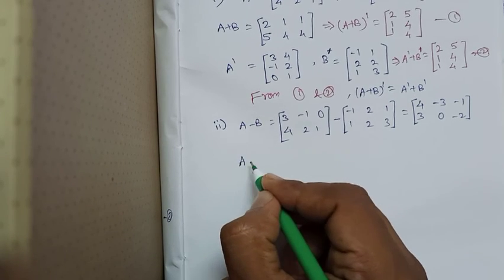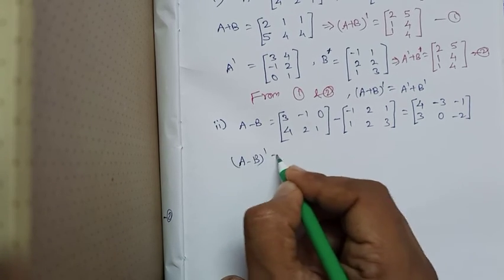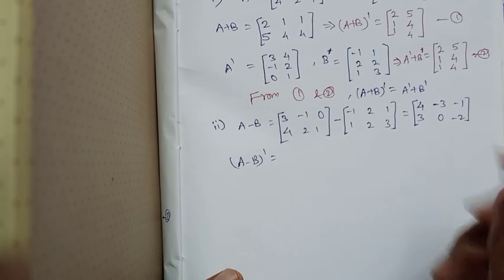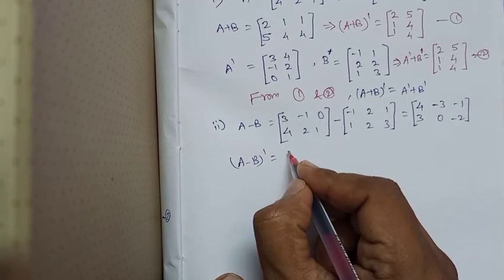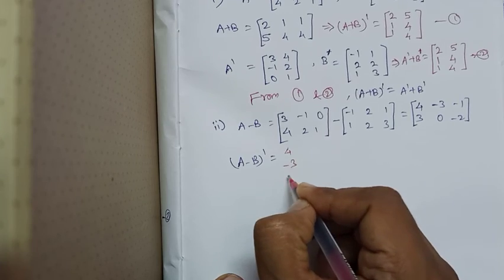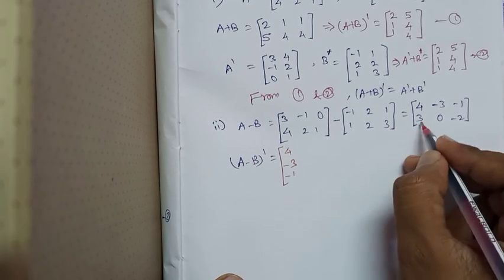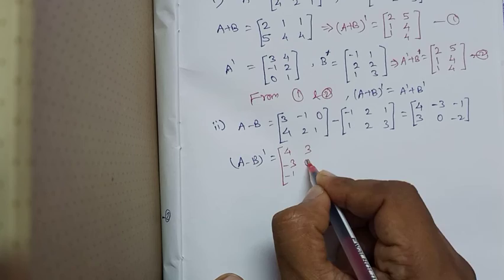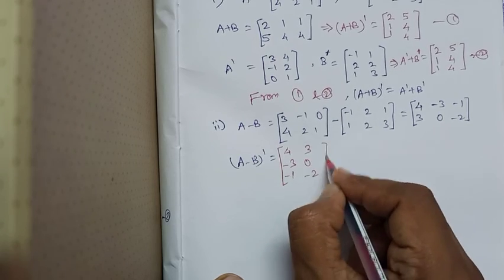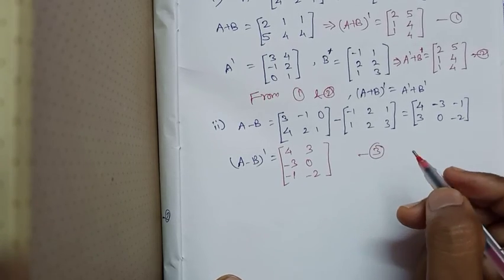The left hand side is A minus B whole transpose. Interchanging the first row into the first column, we get 4 minus 3 minus 1, and the second row 3, 0, minus 2. So consider this as equation 3.